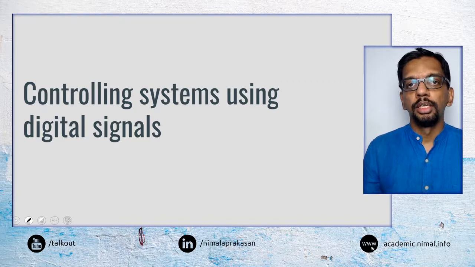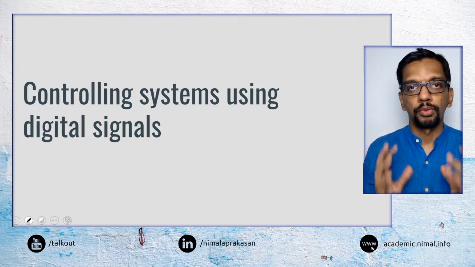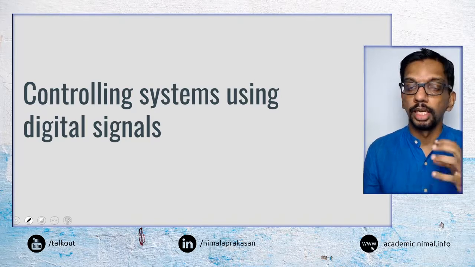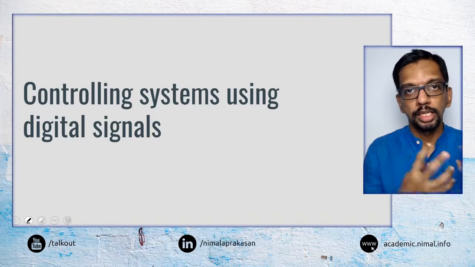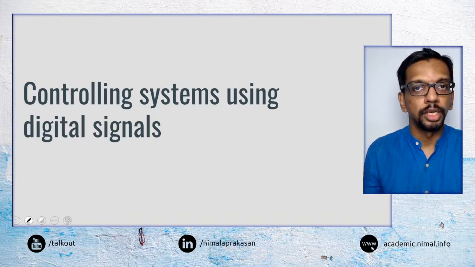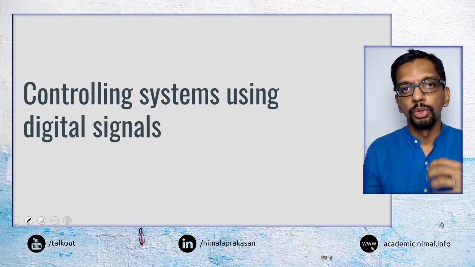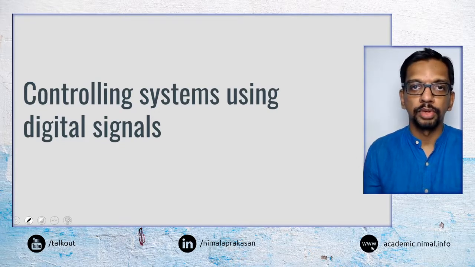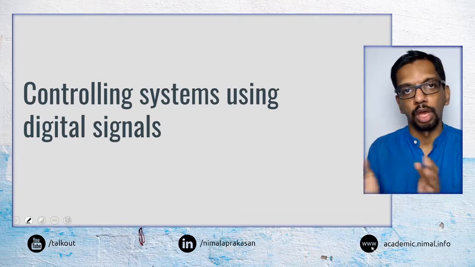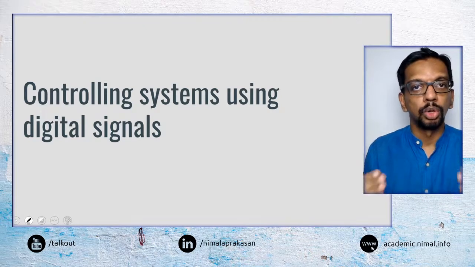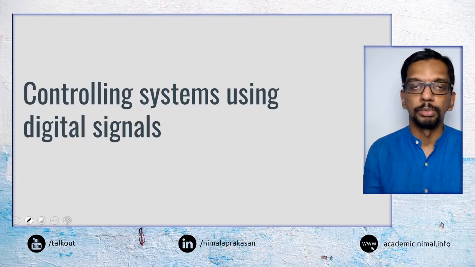So when we say digital control systems, what we are mainly talking about can be any system, as long as it is being controlled by digital signals. So we are using digital signals as a way to control systems, as a way to control how systems are reacting, how systems are performing.